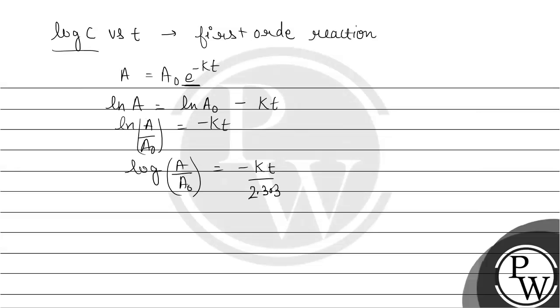So straight line का जो हमारे पास equation आता है that is y is equals to mx plus c. We will use that y is equals to mx plus c. So here we can see जो हमारे पास slope है that is minus k upon 2.303.